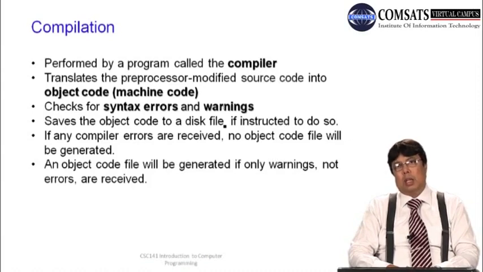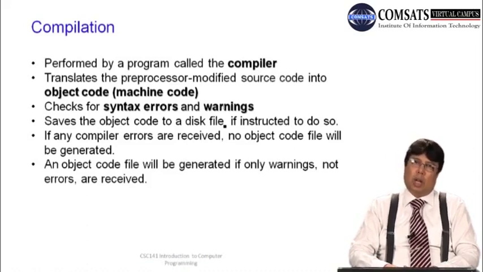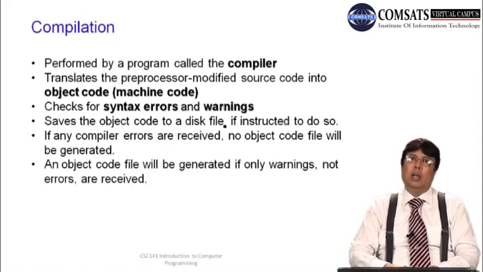As I explained last time, you have a compiler for each language. So you can have a compiler of C language, of C++ language, or of Fortran language. It checks the syntax according to the syntax of that particular language.